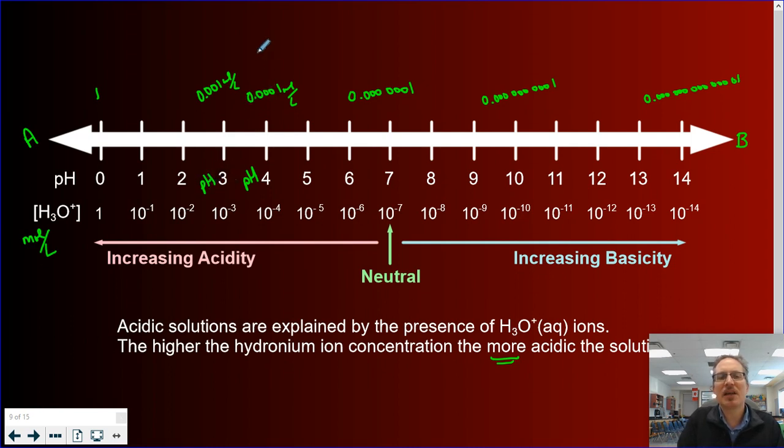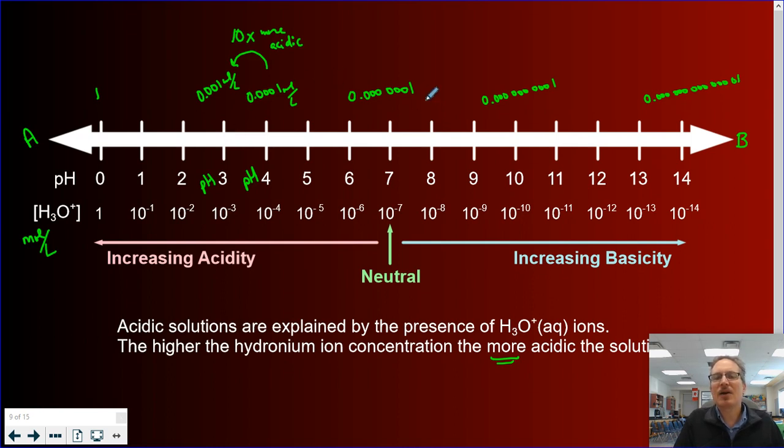Well, if I compare these concentrations, I can say that a pH of 3 is 10 times more acidic, because it's got one less decimal place. So pH of 3 is 10 times more acidic than a pH of 4. For every pH spot we move on this scale, it is 10 times more acidic.